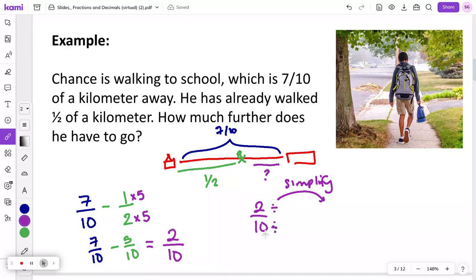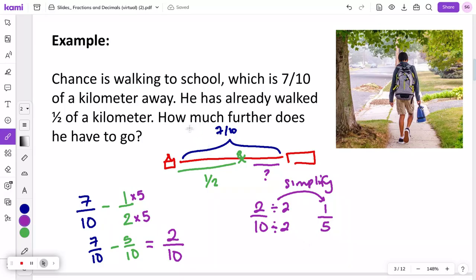So I look at the 2 and the 10 and I ask myself, what is a number I can divide both of those by? And I know I can divide both 2 and 10 by 2. It has to be the same number. And when you do that, it gives you a fraction that equals the same amount, but has smaller numbers in it. 2/10 and 1/5 are the same amount, but 1/5 is simplified because it has smaller numbers.